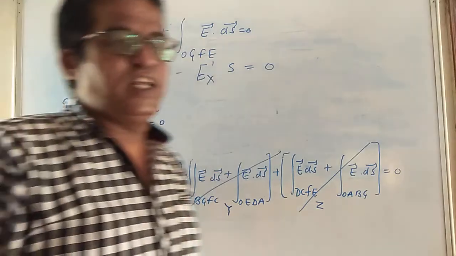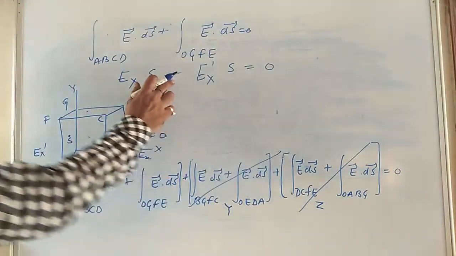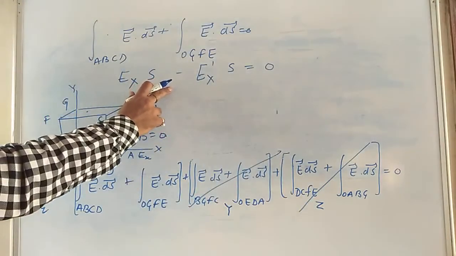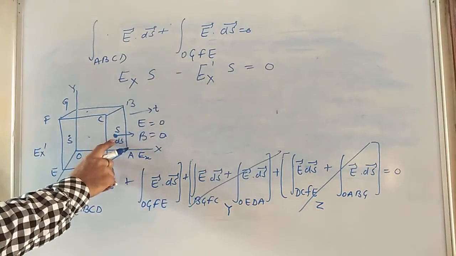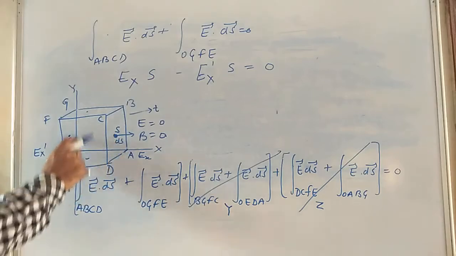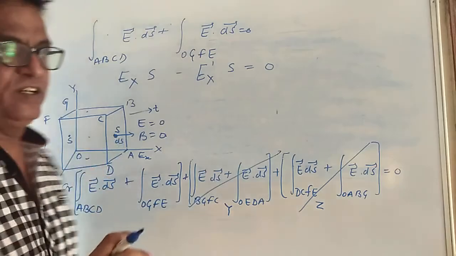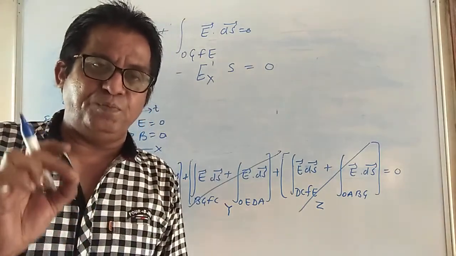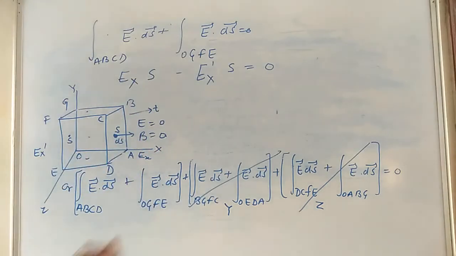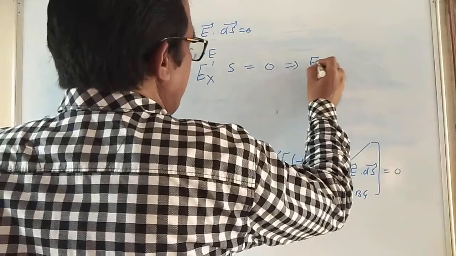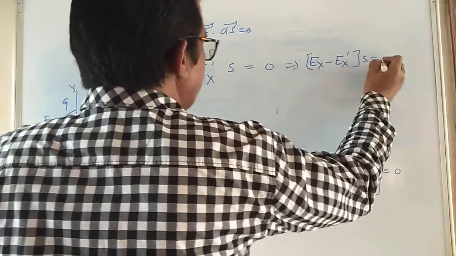Now, what can I understand from this? The negative sign arises because the area vector at the face OGFE is in the opposite direction to that of the face A, B, C, D. So I can write (Ex minus Ex dash) times S is equal to 0.